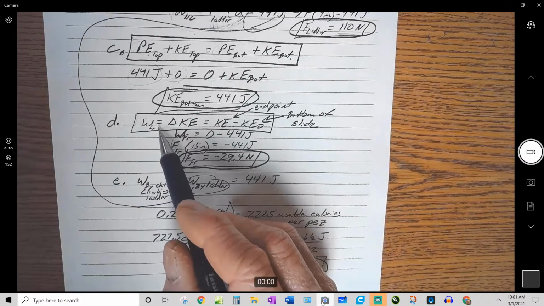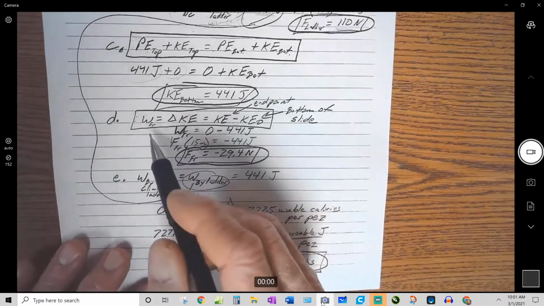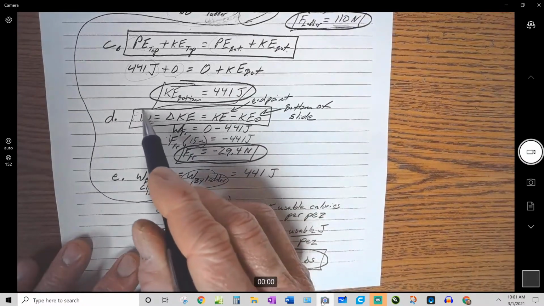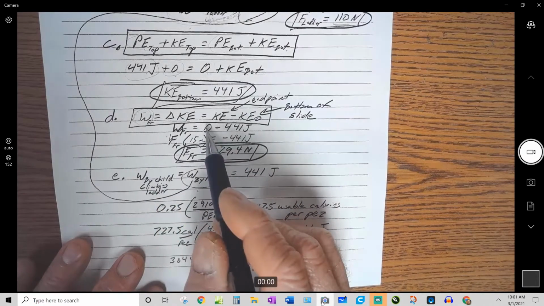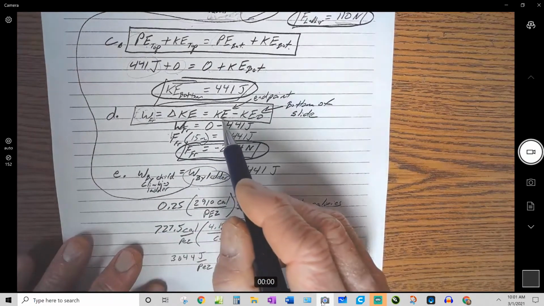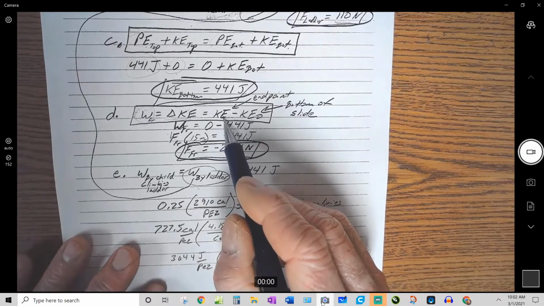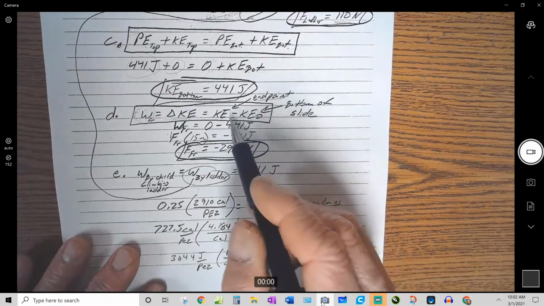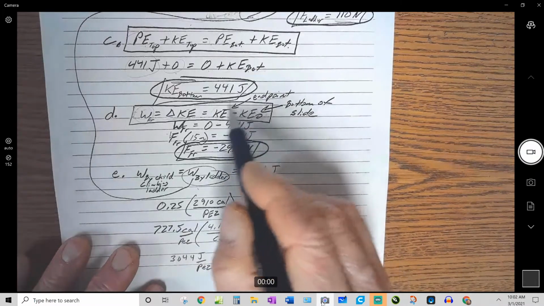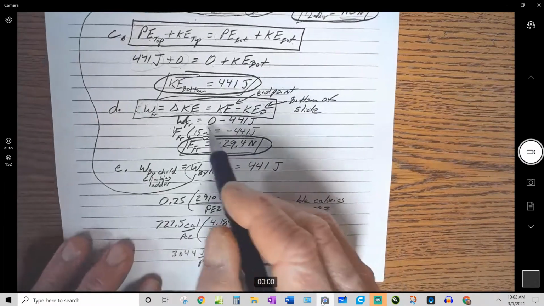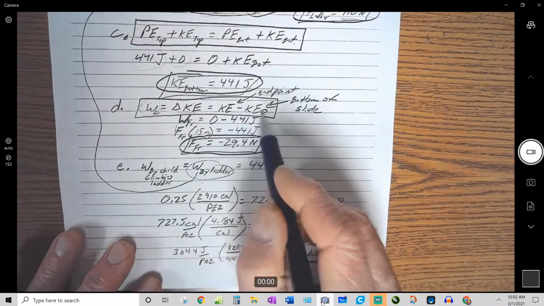I've decided to use the work-energy theorem, where the work done on the child equals the change in the child's kinetic energy, the kinetic energy at the end point. This is just the definition of the change in kinetic energy, so it's final minus initial.